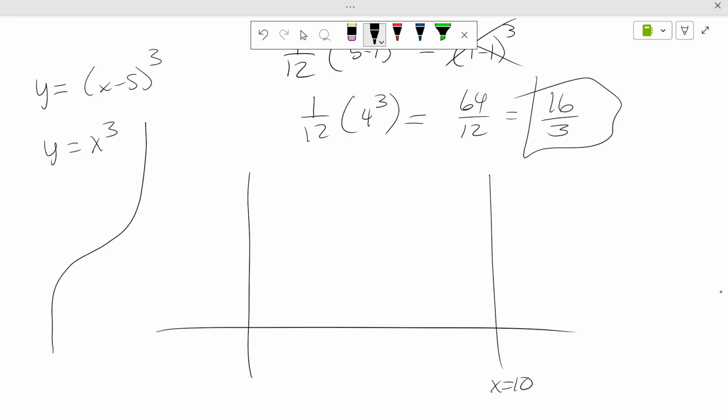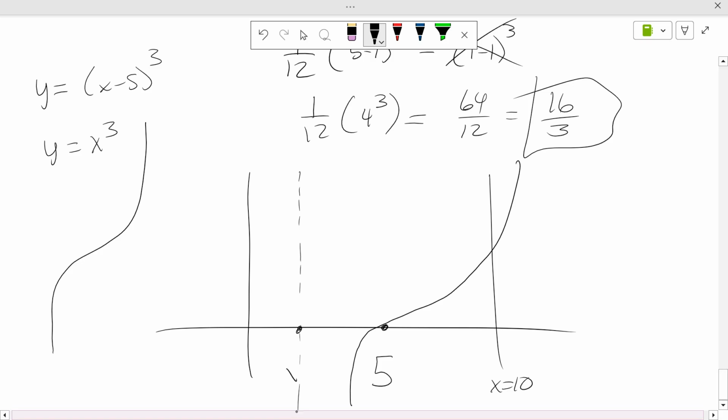X minus 5 moves it 5 to the right. So at 5, you got it coming like this, and it's going to cross somewhere in there. Okay? Now, you're revolving around the line x equals 2. So it is basically the washer method.